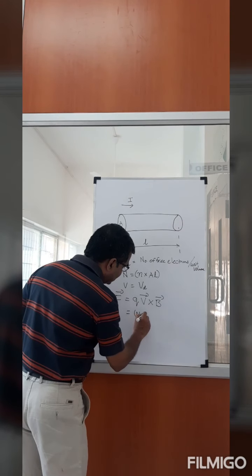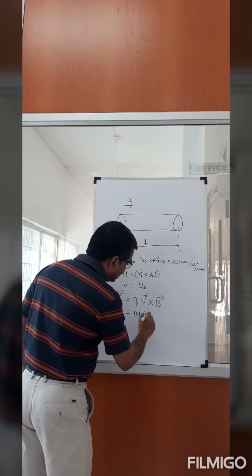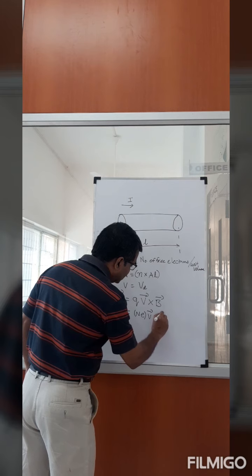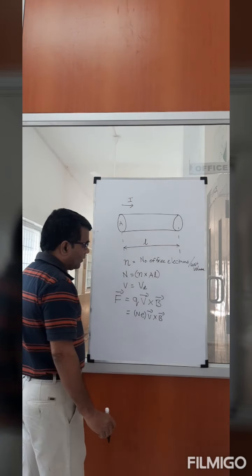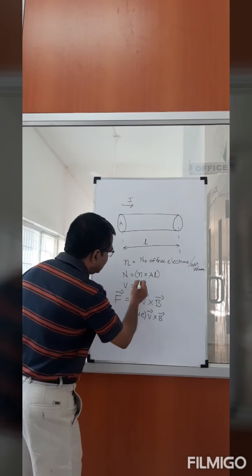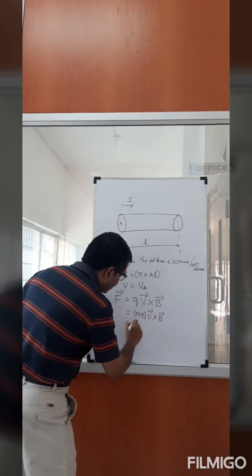So that becomes my Q, and then velocity cross B. N is actually small n into AL.